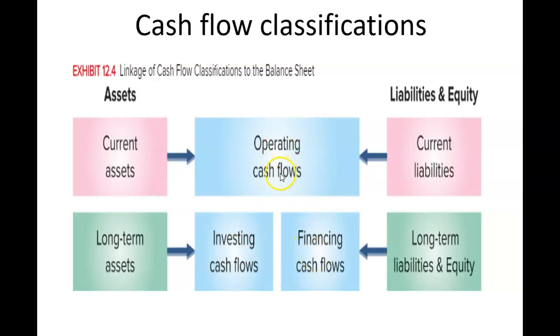For instance, in the operating cash flows section, changes in current assets and current liabilities shown on the balance sheet will flow into the operating section on the cash flow statement.